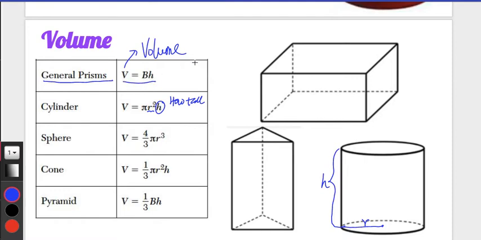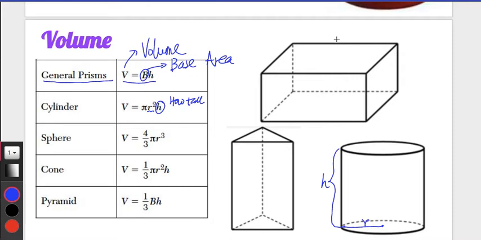But there's one thing you need to be very, very careful about, the capital B here. As you can see, this is capital B. So this capital B means base area. What does that mean? That means I need to know the area of the base part, and then we times the height, then we can figure out the answer.